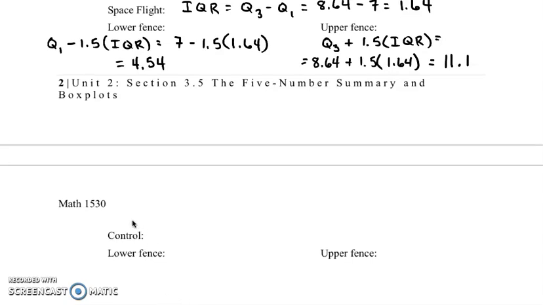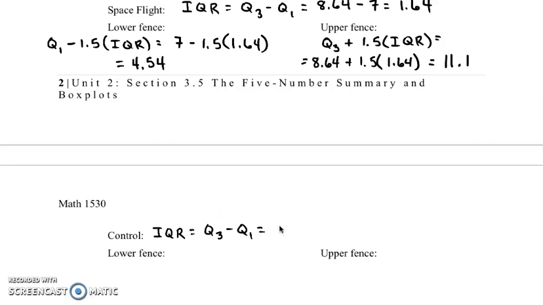So for the control data, it's the same thing. Our interquartile range is Q3 minus Q1, but we need to use the numbers from the second data set.